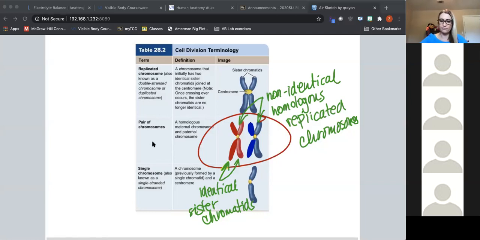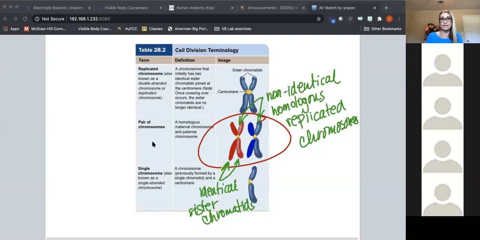By the way, I forgot to mention, but these homologous chromosomes carry the same genes on them, but they're not identical. So they carry the same genes, meaning the same kind of genes. For example, it could be eye color, hair color, your height. That's the gene, but the actual code for that gene is not the same.